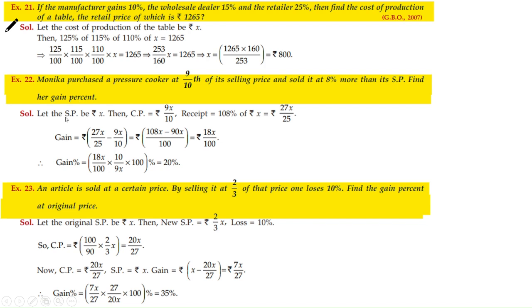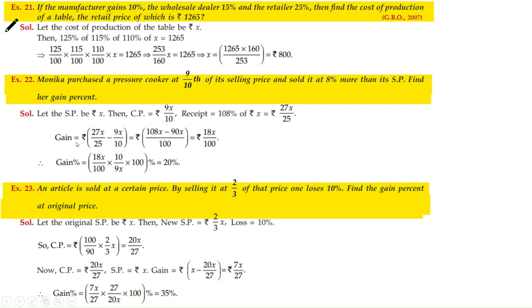Let the selling price be rupees x, then cost price equals 9x by 10. Receipt equals 108% of rupees x, which equals rupees 27x by 25.